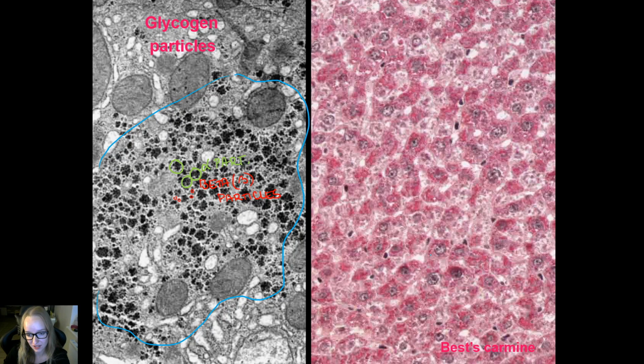The glycogen here are these very red parts of the cells. But more often in the practical trainings we use a reaction called PAS, periodic acid Schiff, which is very useful to visualize glycogen particles. So we will use PAS most of the time, not carmine, but you can remember carmine also.